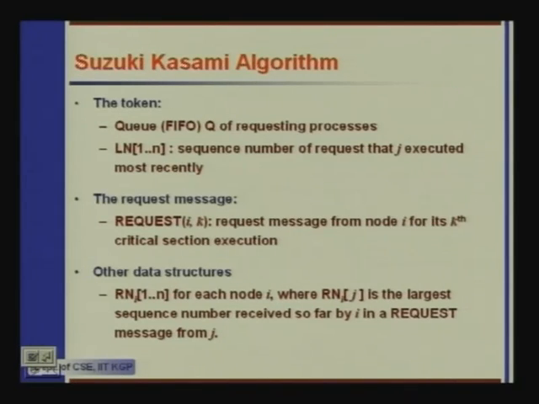Okay. If LN[9] is 7, that means for process P9 requests 1 through 7 have already been served.